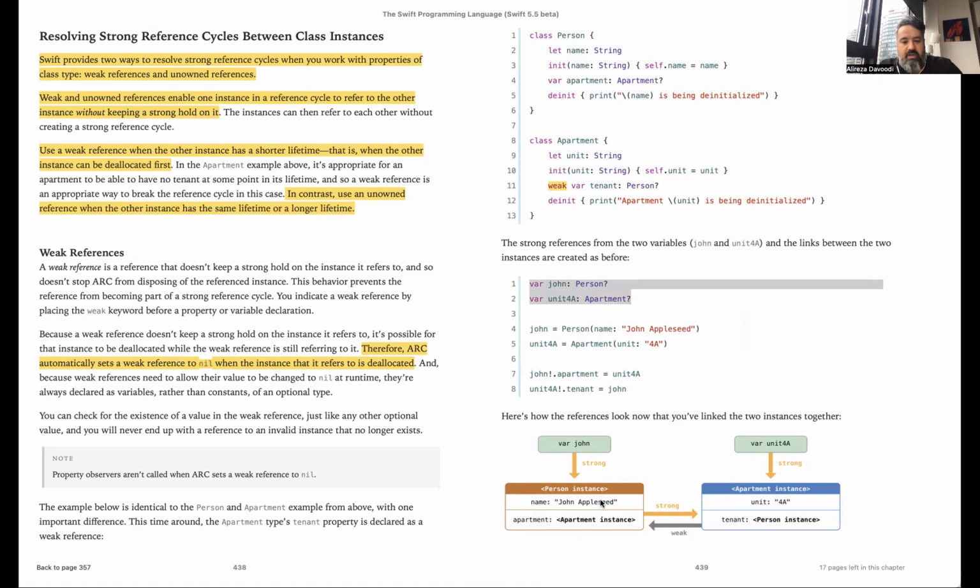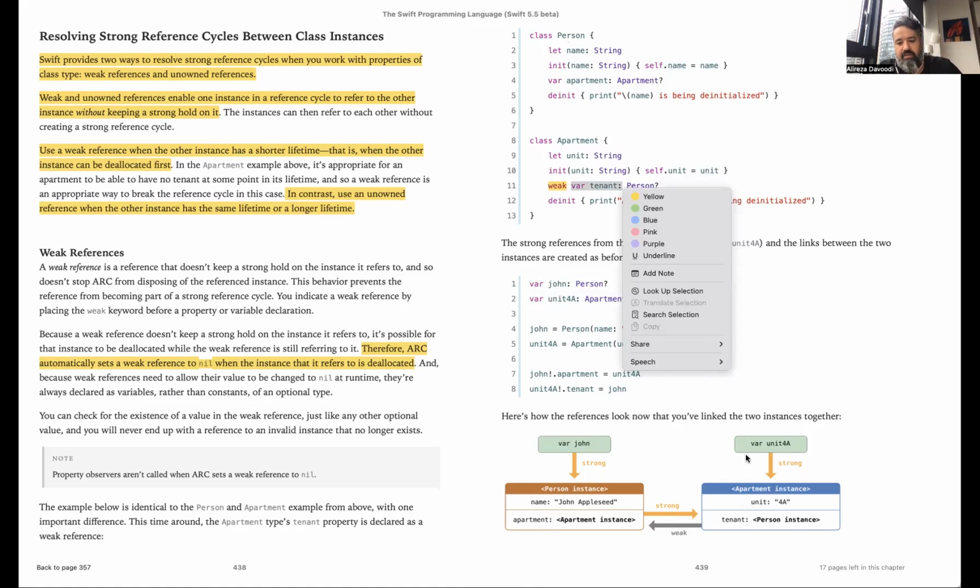But once you assign the apartment, from the person to the apartment is a strong reference, but from the apartment to the tenant is a weak reference.